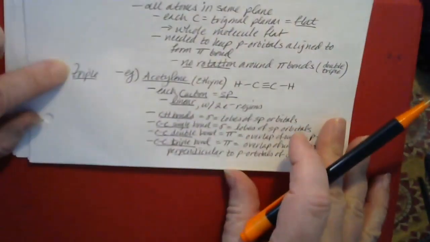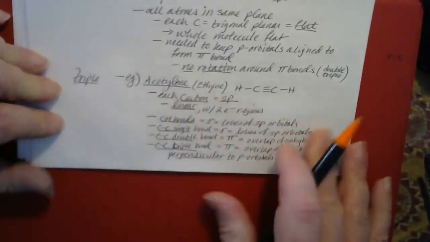And they can overlap too if there are enough electrons. And so you can get a pi bond with the horizontal p orbitals overlapping with each other. You can also get another pi bond with the vertical p orbitals overlapping with each other. And that's how you get a triple bond.